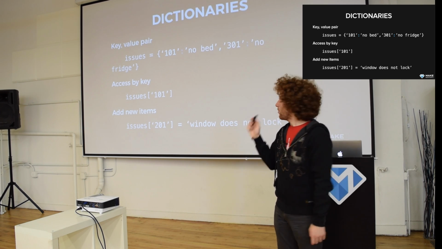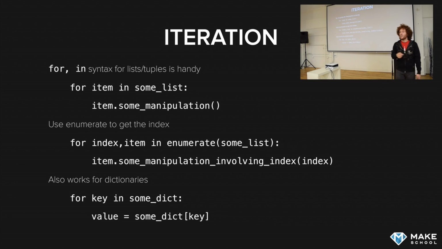Now, iteration is a way to do operations on your various lists, dictionaries, and so on. There's different syntax for different things you want to do. So the in keyword is also contextually useful in the context of a for loop. This would normally return a Boolean if item had some sort of value in the context of an if statement.